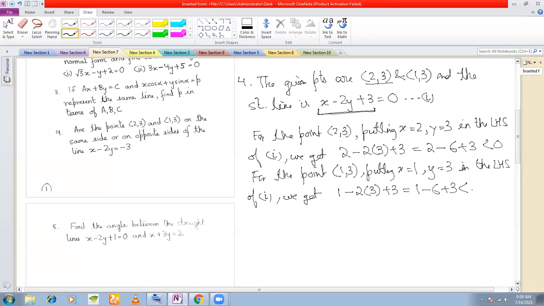Now here again, this is negative. You see both the signs here are negative, right? That means they must be on the same side. Hence, 2, 3 and 1, 3 are on the same side.